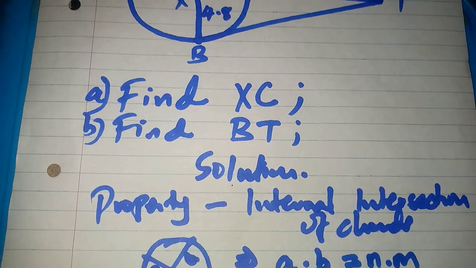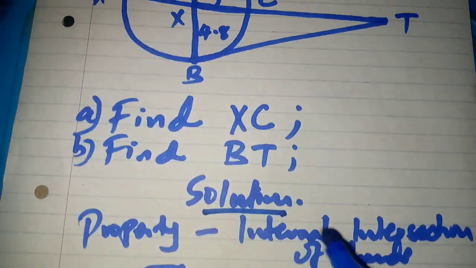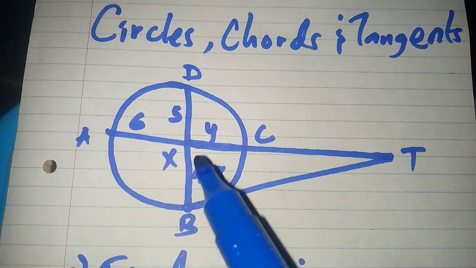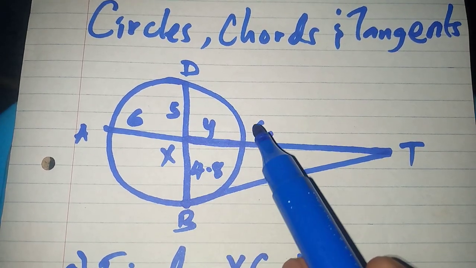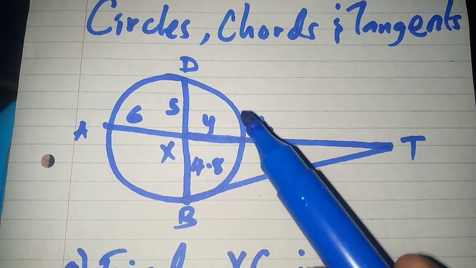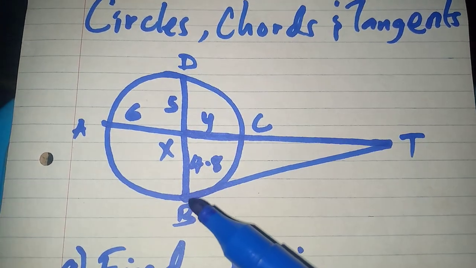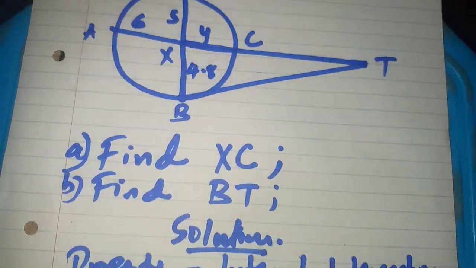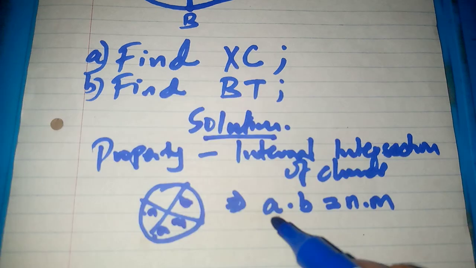So for our case, we've been asked to find xc. If you look at this diagram, x is from here to here, and I have chord AC and chord DB. They're intersecting at x. So I'm going to apply this relationship here.